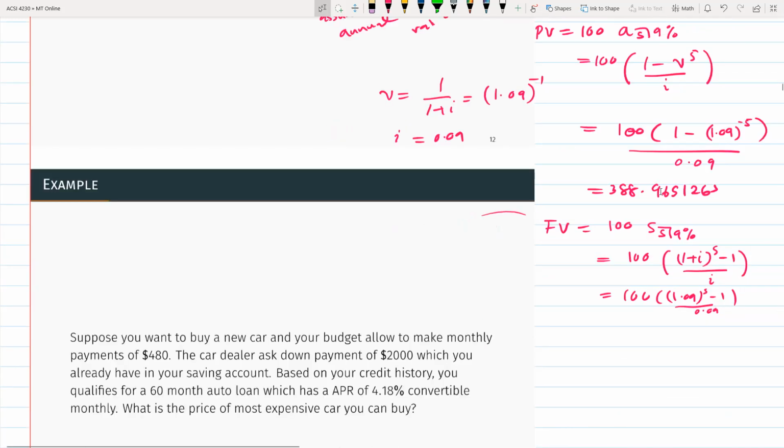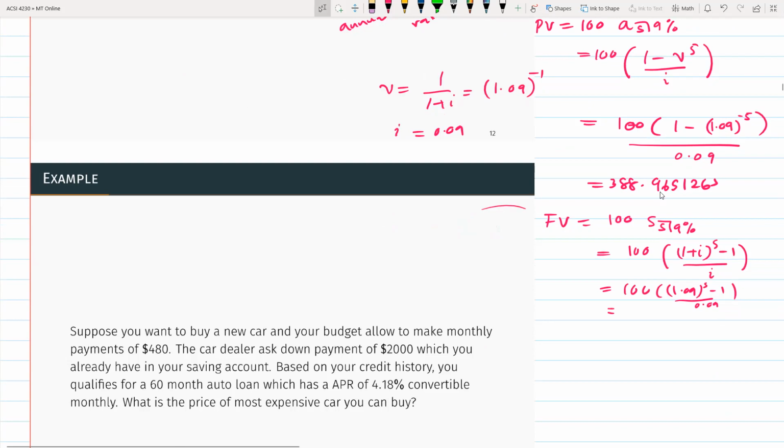So when you simplify this, what do you get? I get 598.471061.